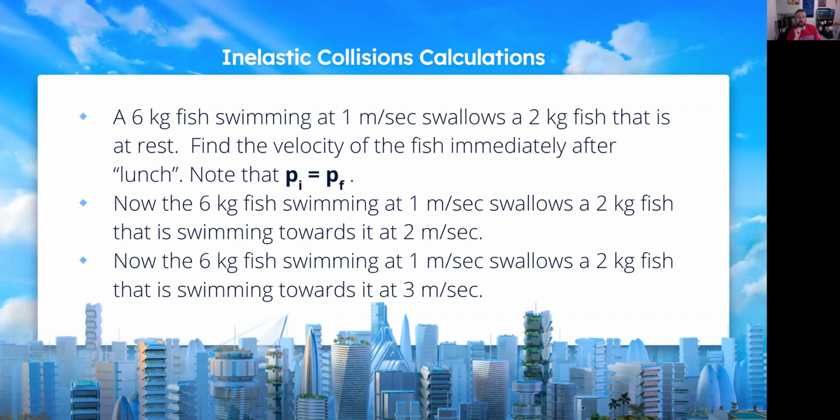So that tells us something about our calculation. We know that the first fish has 6 Newton seconds of momentum. So remember the football player example. What is going to be the momentum of this second fish?